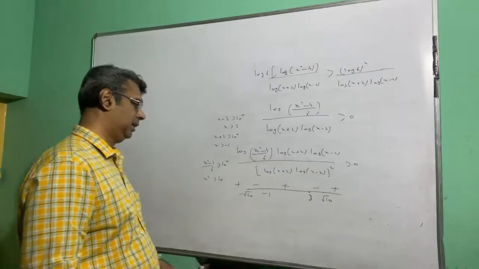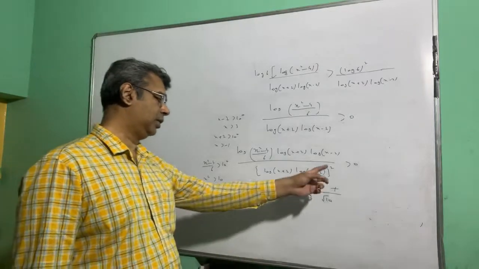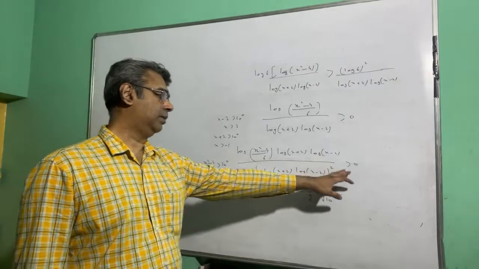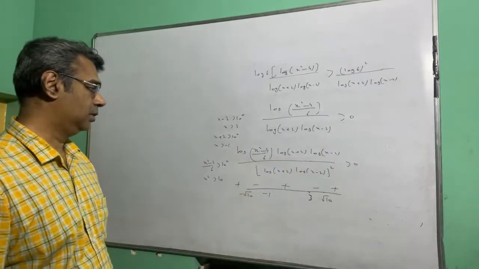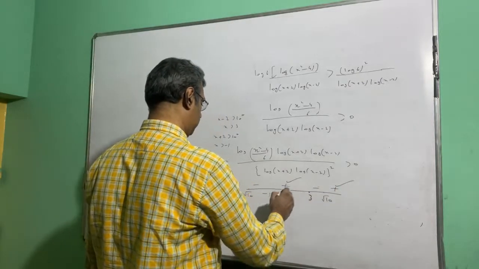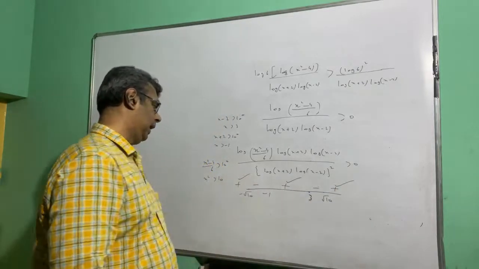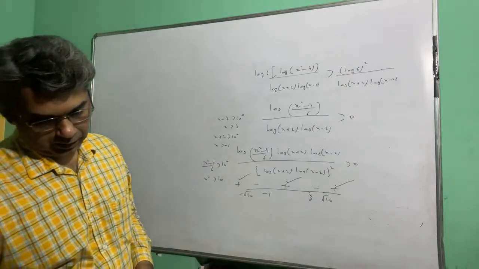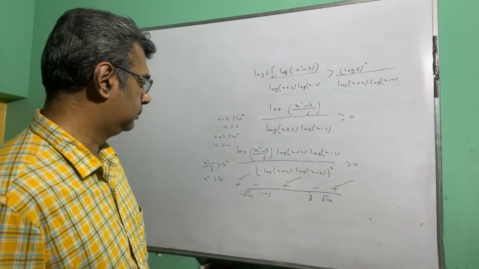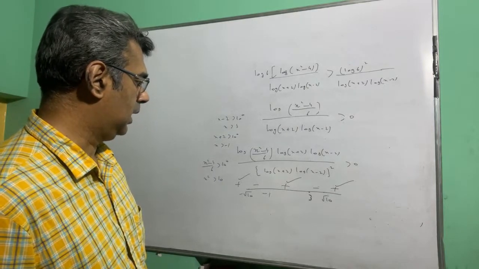So we could have drawn the wavy curve also. Anyway, the final answer must be greater than 0. So greater than 0 means that your interval should be greater than root 10, between minus 1 and 3, and less than minus root 10. So these have to be the answers.